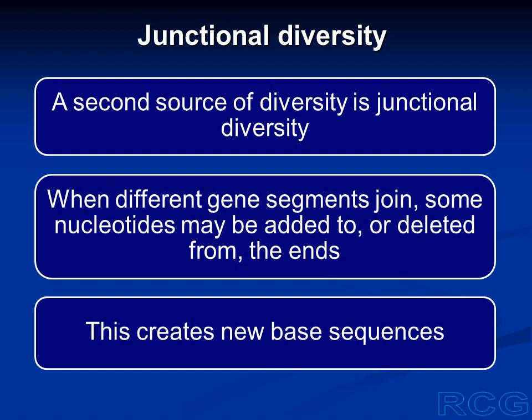When gene rearrangement reactions are taking place, when different gene segments are being joined, some of the nucleotides may be deleted from the ends, and some nucleotides may be added to the ends. And this addition or deletion of nucleotides creates new base sequences. And because of new base sequence, the amino acid sequence will also change.